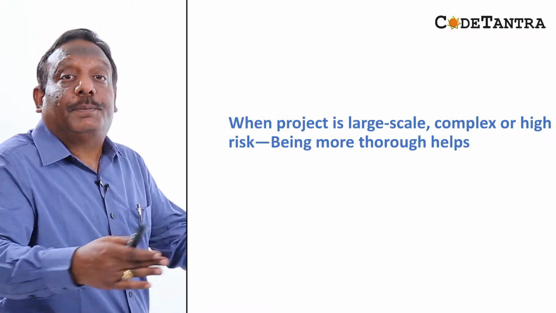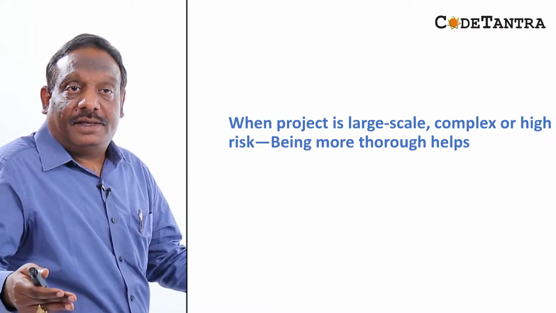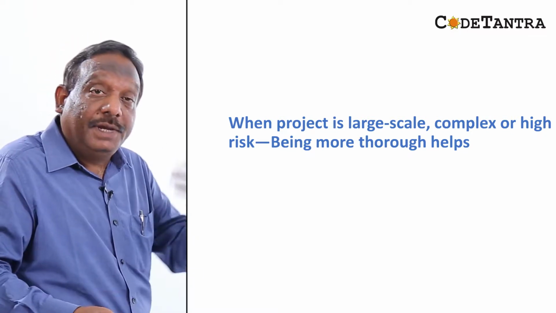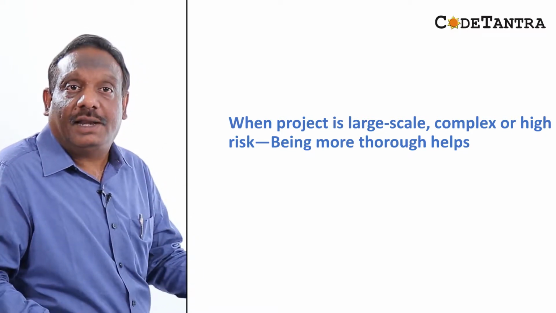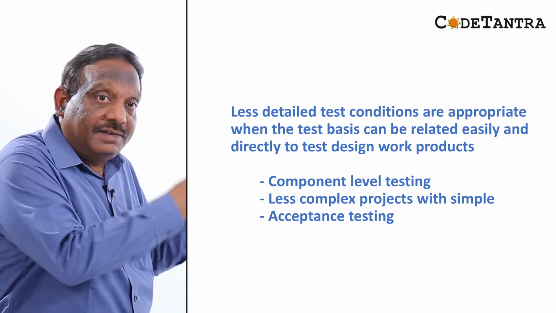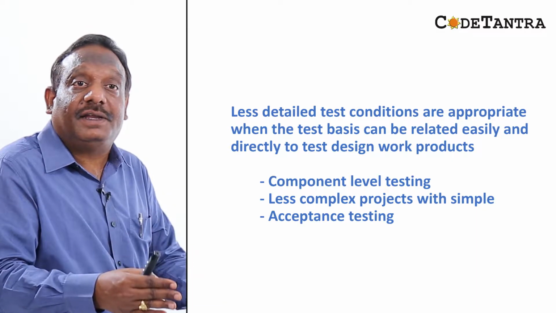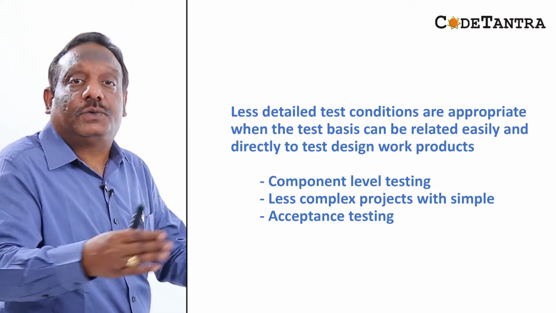And also when the project is large scale and complex and it is a very high risk project, then being more thorough will help you. And less detailed test conditions are appropriate when the test basis can be related easily and directly to test design work products.